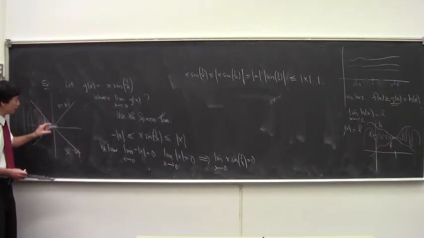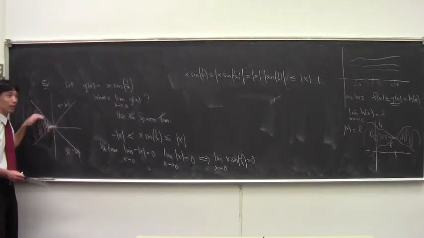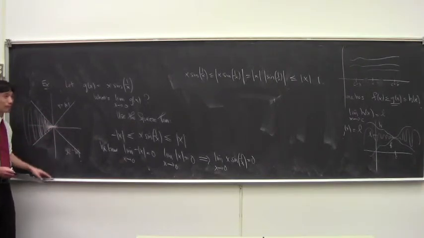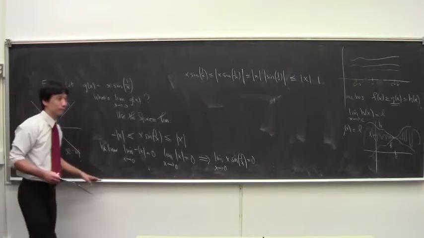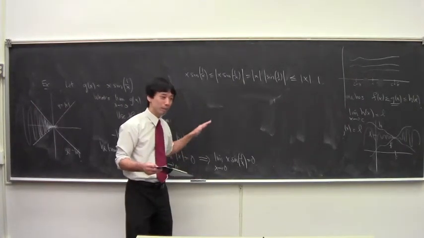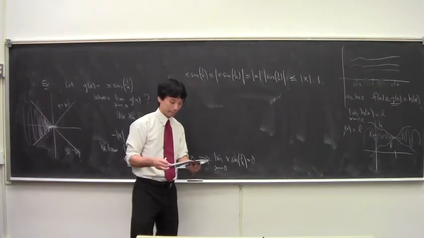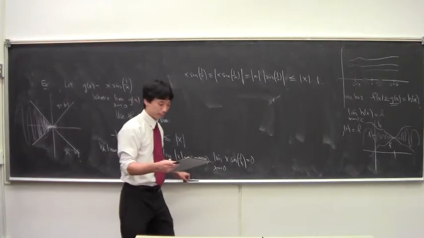Within 0.1 of 0? Sure. Within 0.001 of 0? Sure. That's because its behavior is controlled by these outer guys. So even though it is oscillating, its oscillation is controlled.